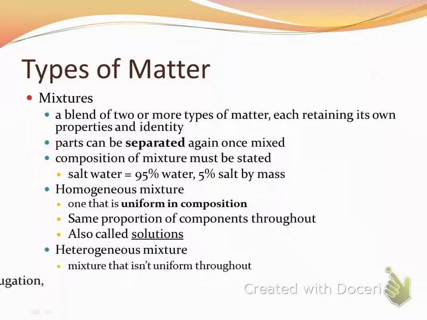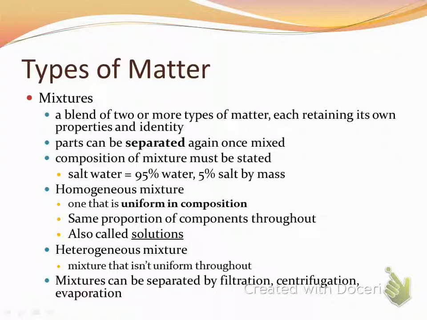If we want to separate a mixture, they can be separated by these means: filtration, centrifuge, or evaporation, among other things. You can use magnets to help separate things out. You can filter like we talked about. A centrifuge is where you spin it really fast, and the solid parts begin to fall out of the bottom.